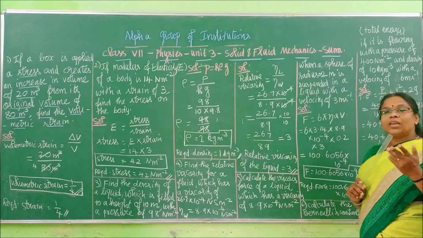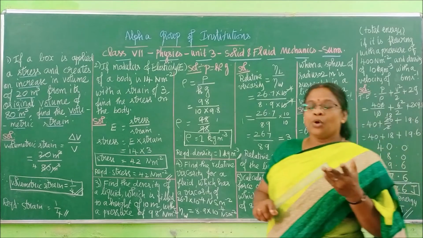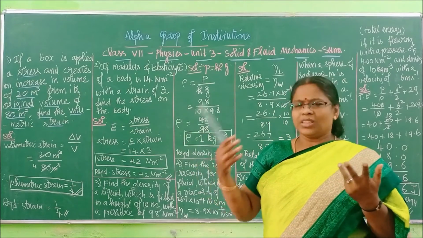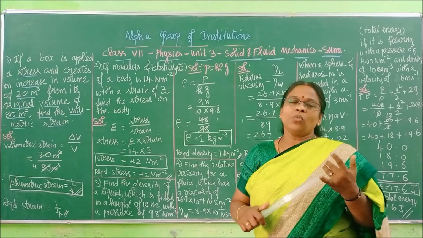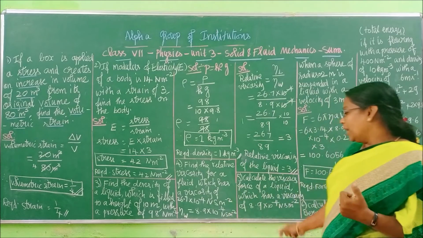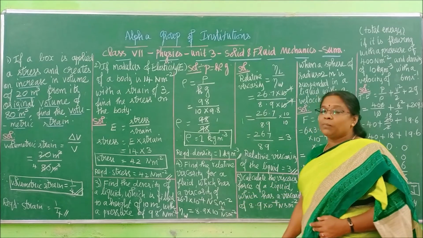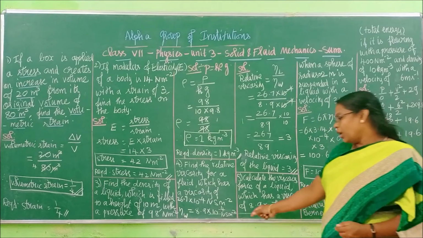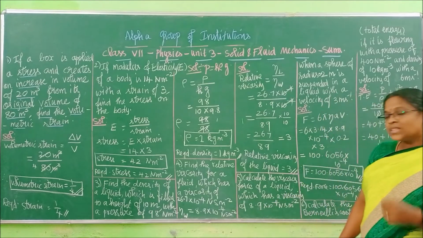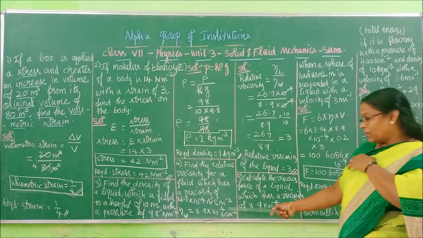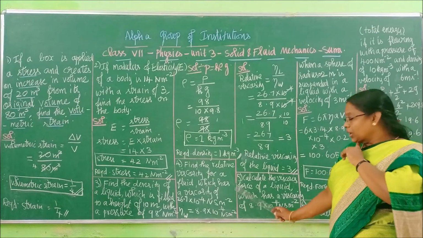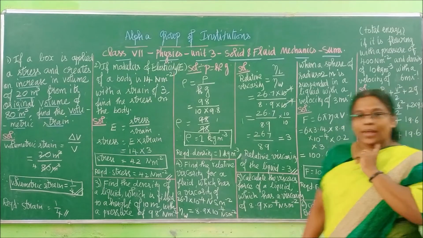So now they have given two liquids here. One is one particular liquid without any name. Another one is for water. Right? So liquid's viscosity they have given as 26.7 into 10 power minus 4. And water's viscosity they have given as 8.9 into 10 power minus 4. What is the unit? Newton second per meter square.